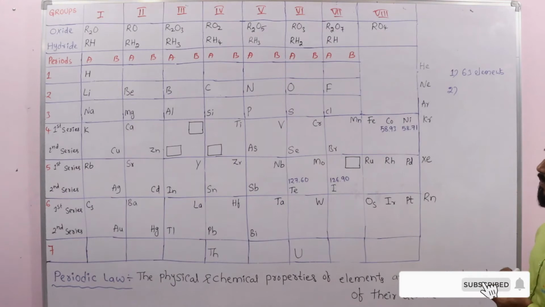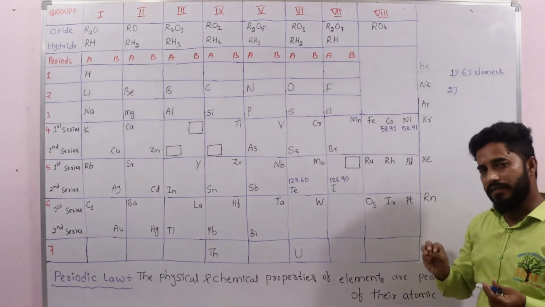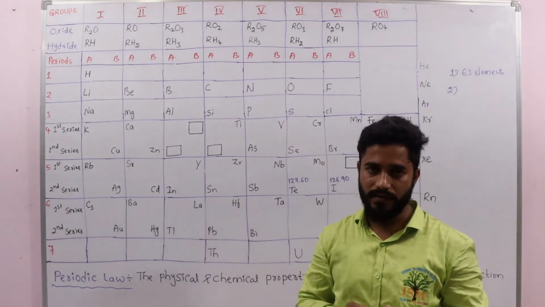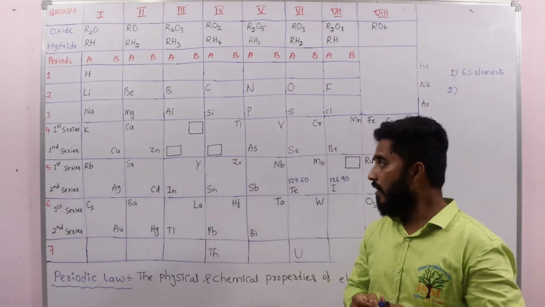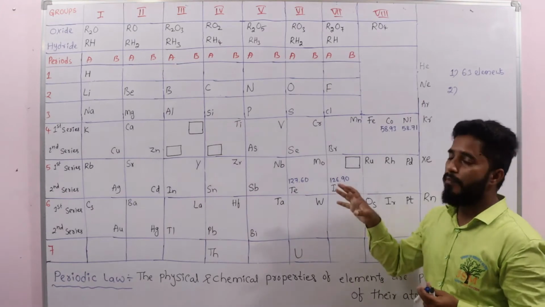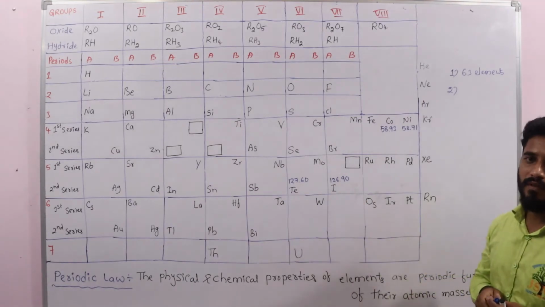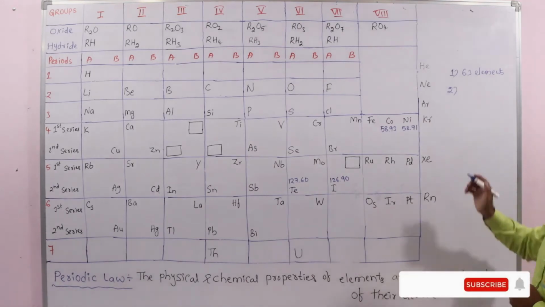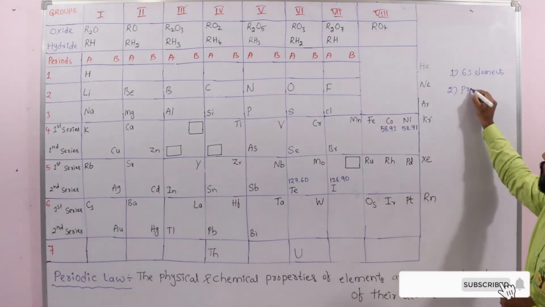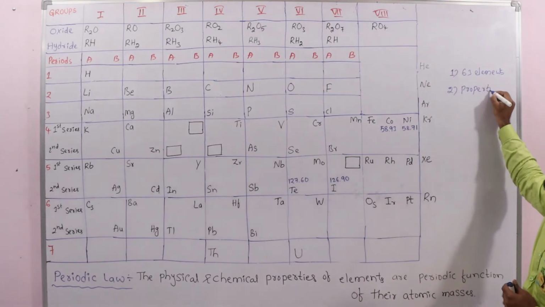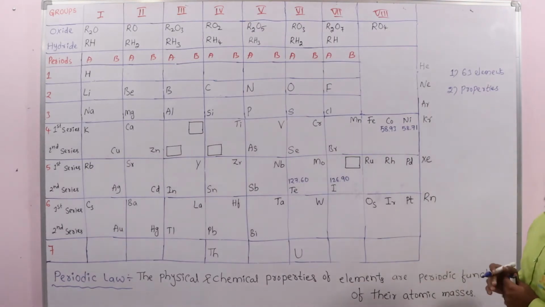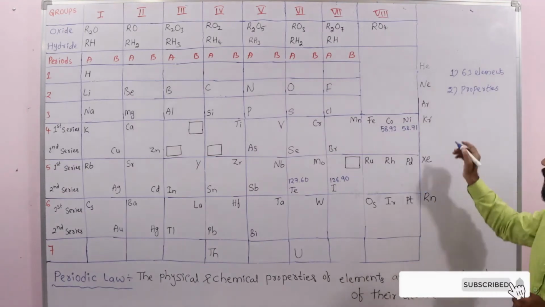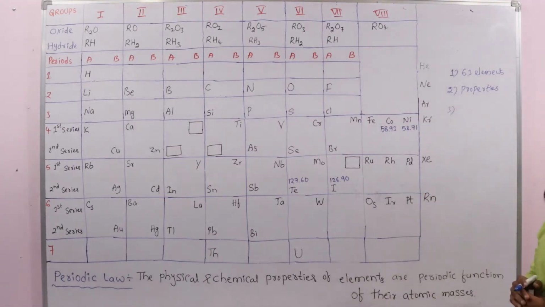He arranged these elements based on atomic mass as well as on physical and chemical properties. That is one of the major advantages of Mendeleev's periodic table. Along with atomic mass, he took physical and chemical properties to classify the elements.